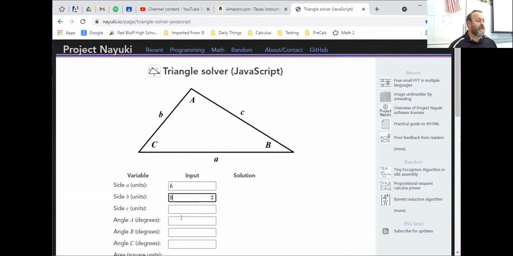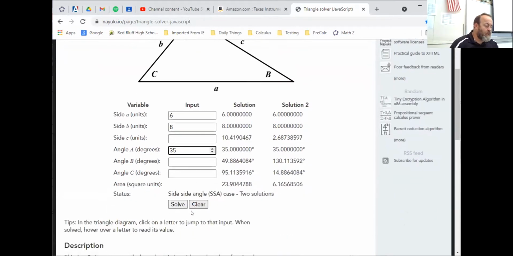Now, this doesn't help you for the test, but it does help you to prepare for the test. And what do you know? When I did my problem, I got two angles for beta at 49.8 degrees and 130.1 degrees. So it tells me I did okay. And then the side C that we started on, I kind of got finished up with this one, but those are the two values for side C. And that kind of finishes up that problem.